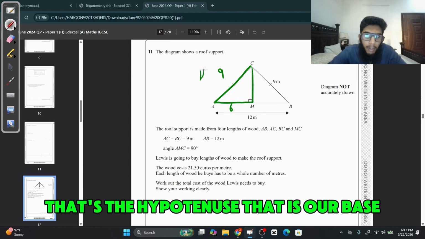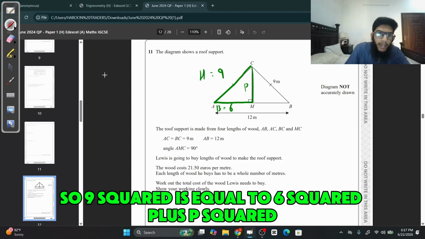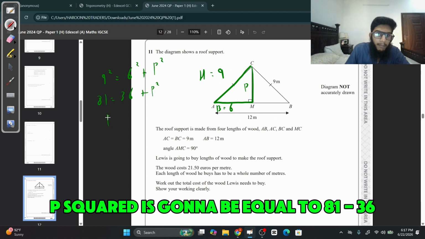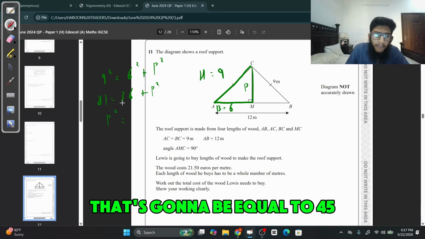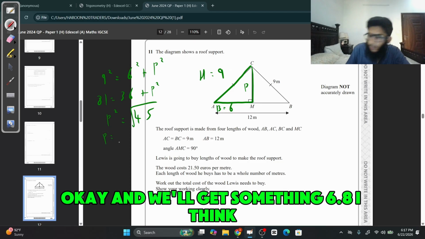That's the hypotenuse, that is our base, and that's going to be perpendicular. So 9 squared is equal to 6 squared plus p squared. So that's 81 equals 36 plus p squared. P squared is going to be equal to 81 minus 36, that's equal to 45. Take the square root, and we'll get something like 6.8, I think. Let's just see.